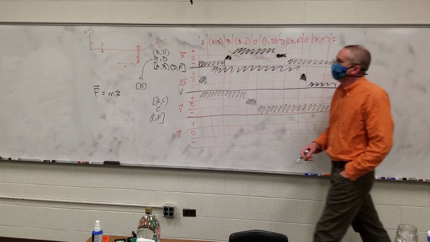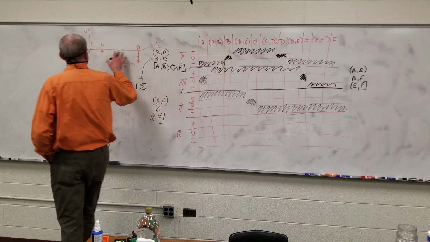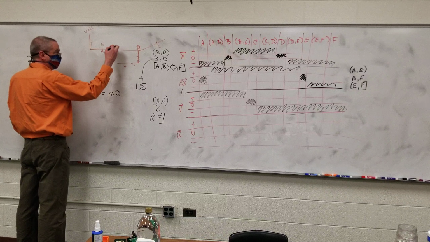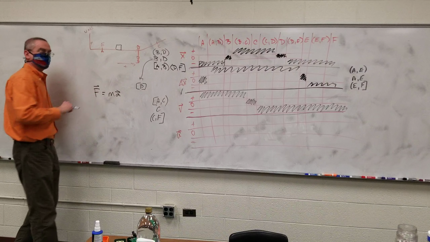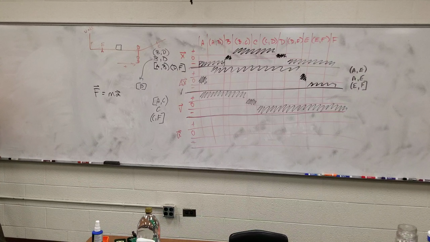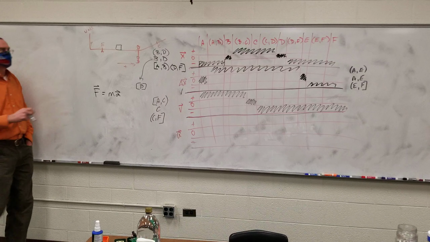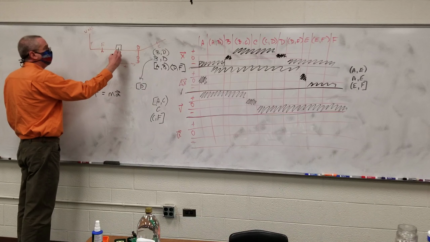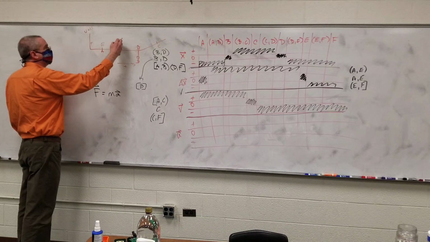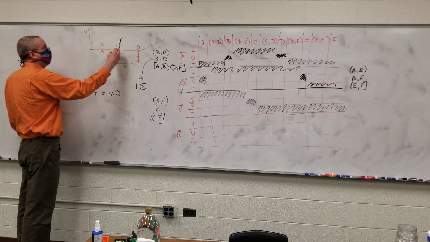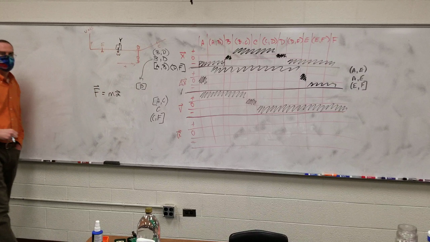So as it's sliding from here to here, there's no friction in this particular problem. What are the forces acting on the box? Weight down? Yep. Normal force. I hope so, otherwise it's in free fall. Anything else?